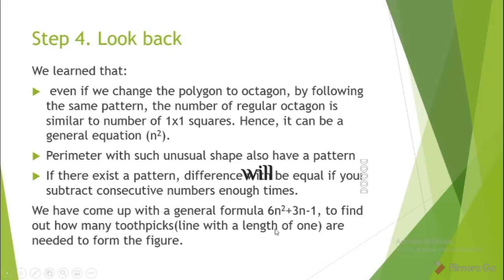So octagon yung ginamit natin, yung 3 dyan naging 6. So not necessarily same yung magiging equation nila, because sabi ko nga kanina, square needed exactly 4 toothpicks, while regular octagon needed exactly 8 toothpicks. So magkaiba siya, kaya iba din yung magiging general formula niya.